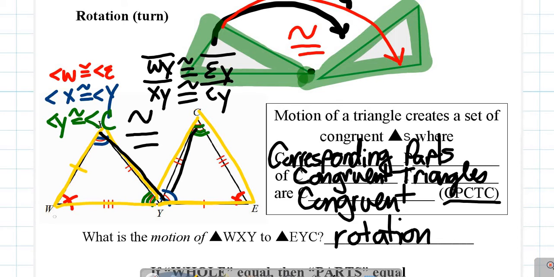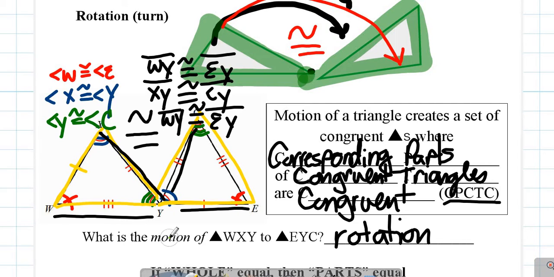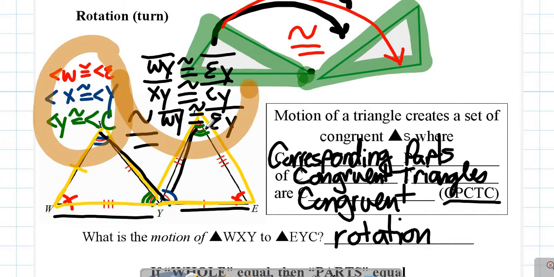And the last one, W to Y, has to be congruent to E to C. So when triangles are congruent, there's a total of 6 pairs of things congruent. 6 pairs. Always.